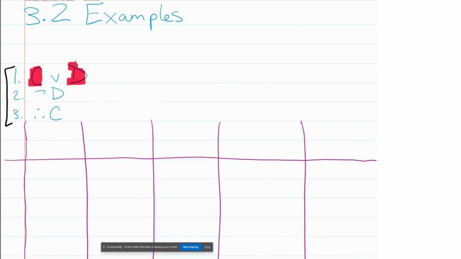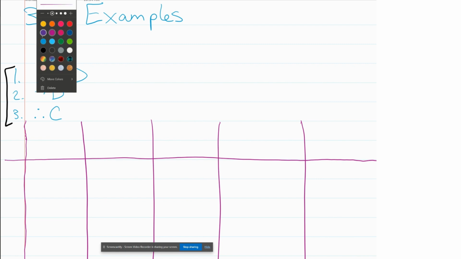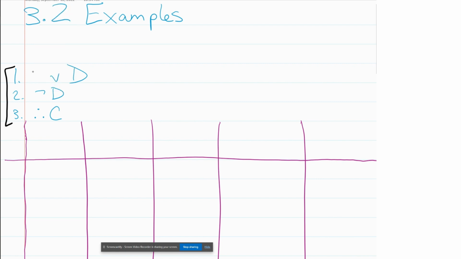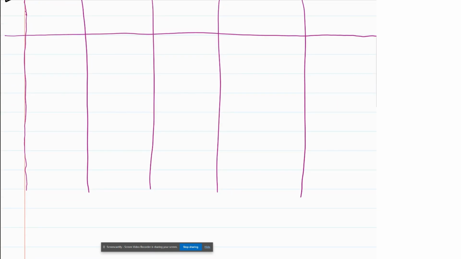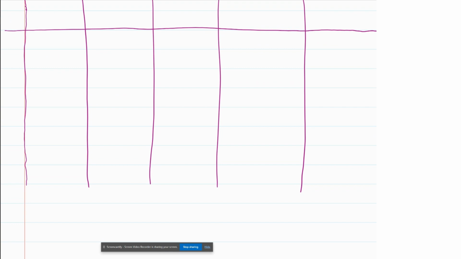So remember, two atomic sentences tells us how many rows of our truth table we will need. The number of rows is 2 to the power n, where n is the number of atomic sentences we have. So we have two atomic sentences, so 2 squared is going to be 4. That means we need 4 rows.